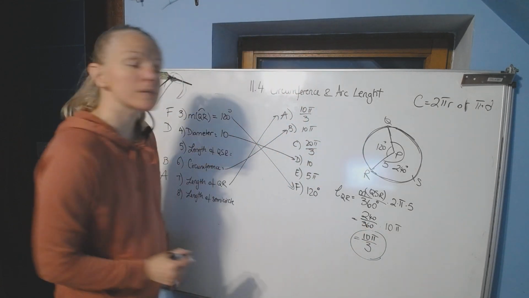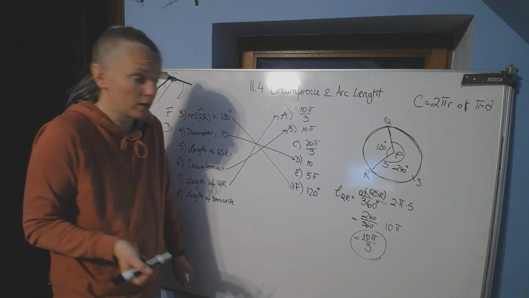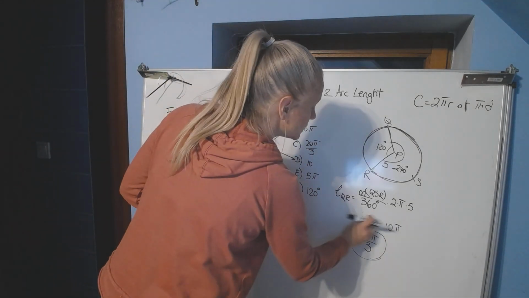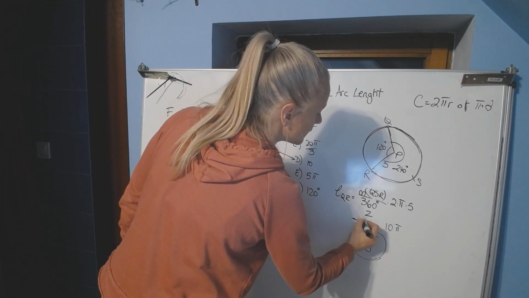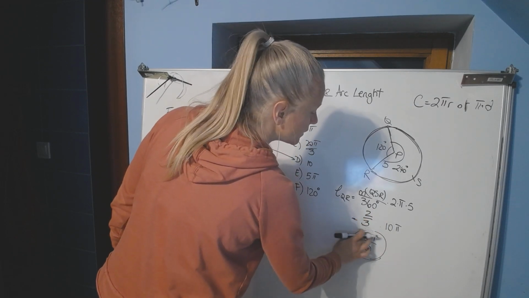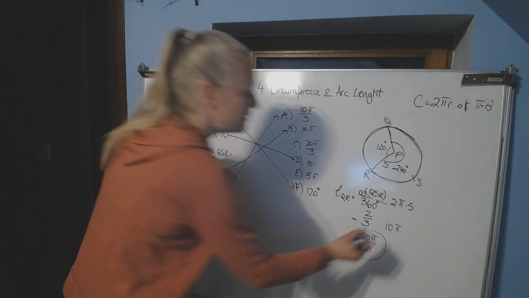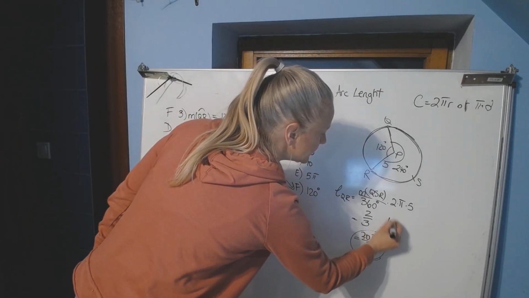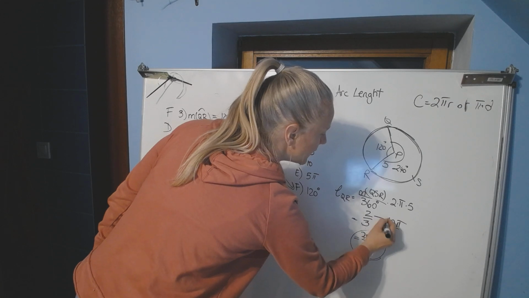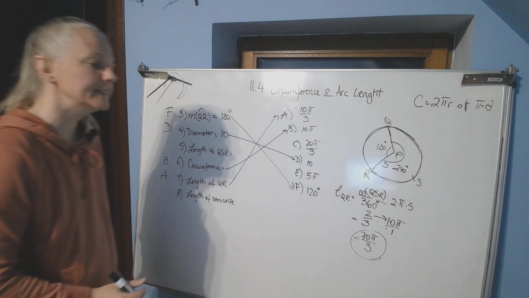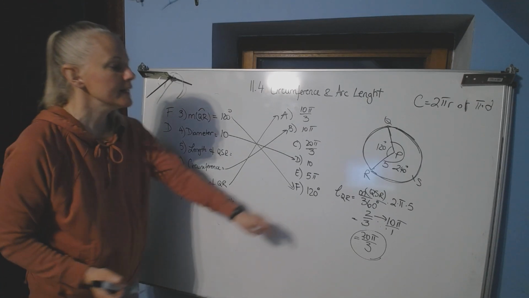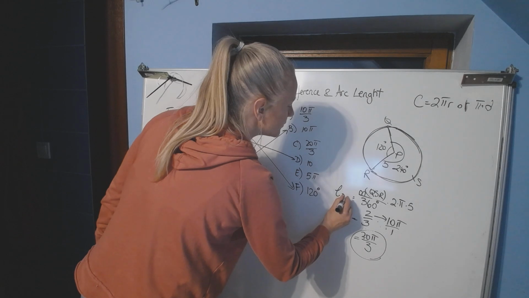And if you reduce this in your calculator, or you just know how to reduce it, this becomes 2/3, or 20 pi over 3. Why? Because I can put the 10 pi over 1 and we times across, right? 20 pi over 3 is the length of QSR.